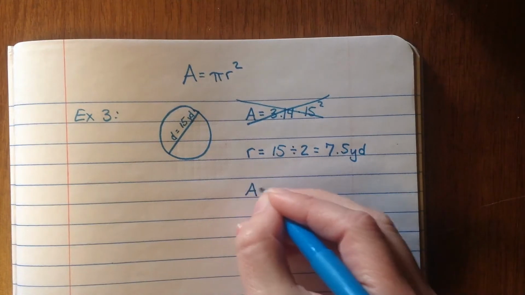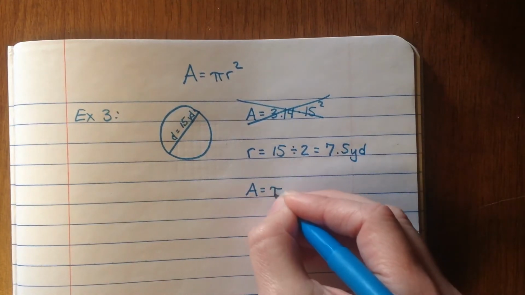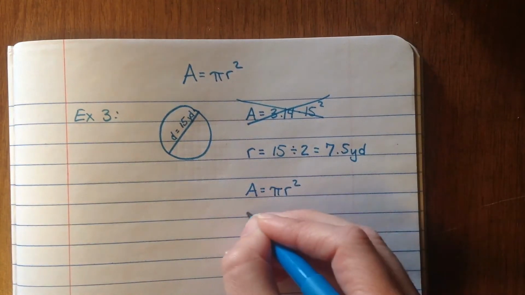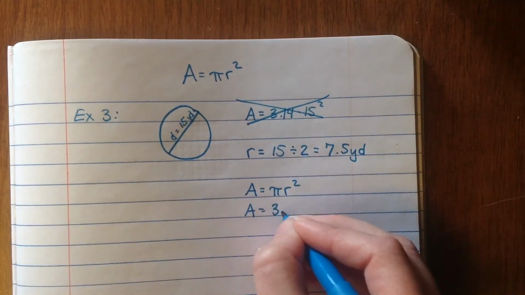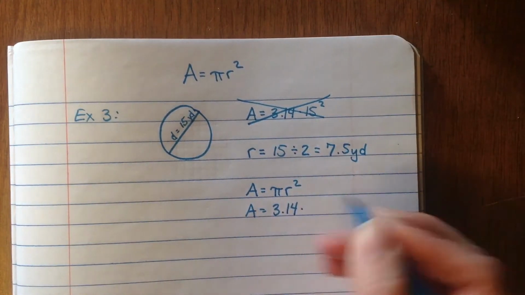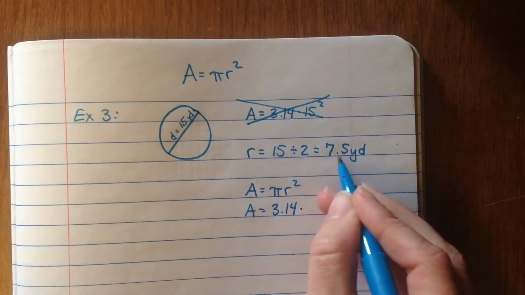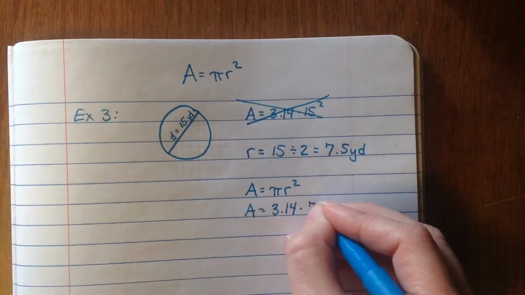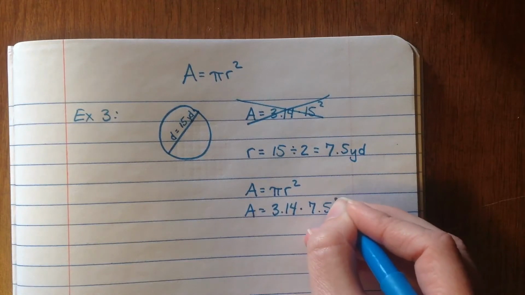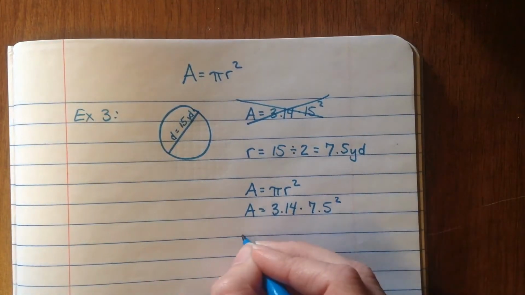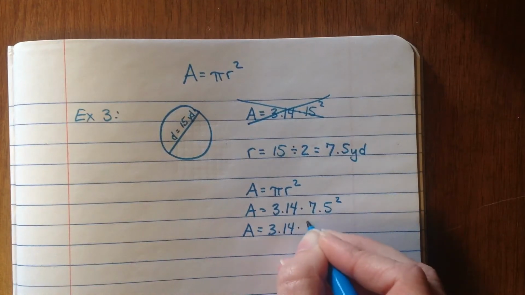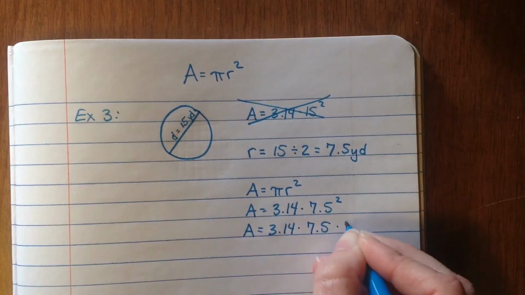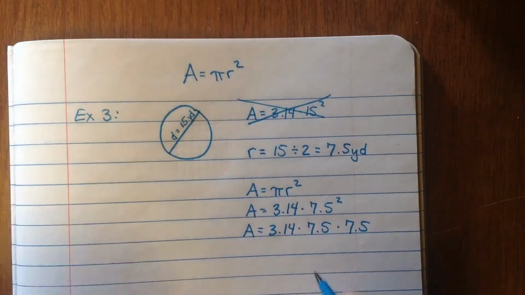So now I'm going to copy my formula down. Area equals pi r squared. Area equals, I'm going to plug my numbers in. Pi is 3.14 times the radius. We're going to use 7.5, not 15. 7.5 squared, and that just means write it twice. So area equals 3.14 times 7.5 times 7.5 again.